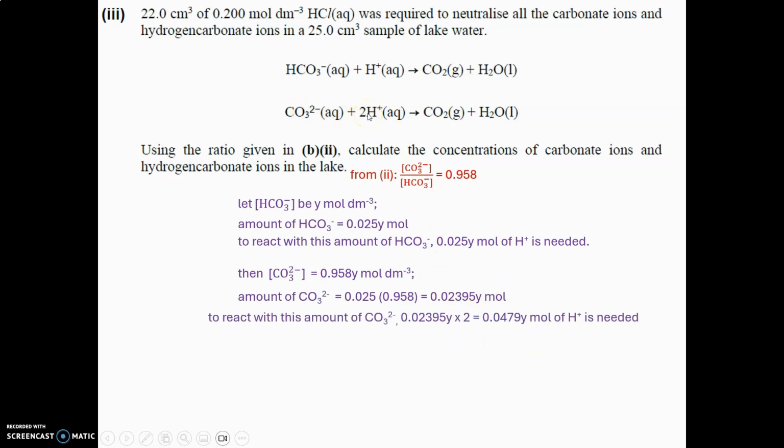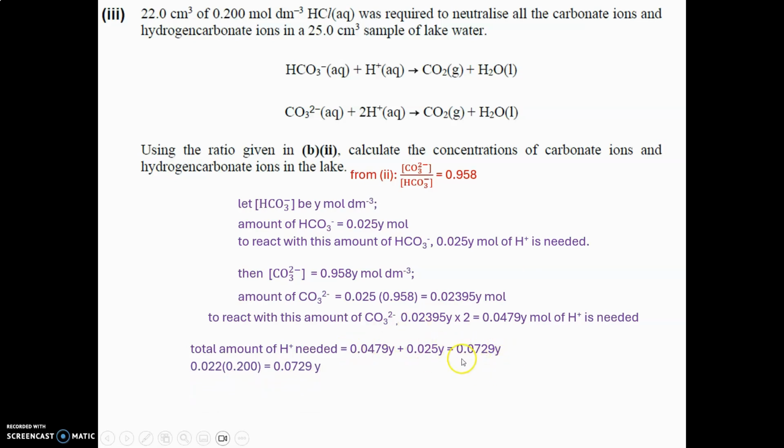So the amount of hydrogen ions needed is 0.0479 Y mole. So what it means overall is that to react with both ions present in lake water, the amount of hydrogen ions needed will just be the sum of these two, which is 0.0729 Y moles.